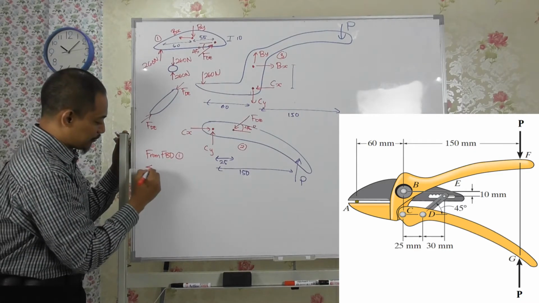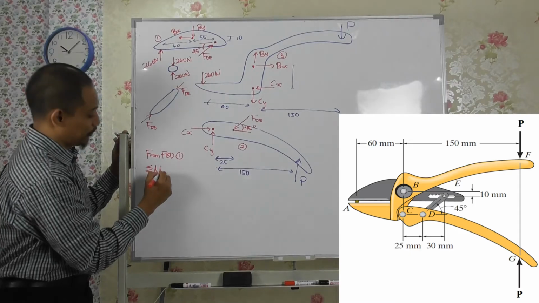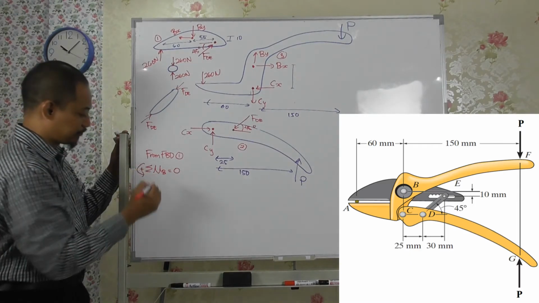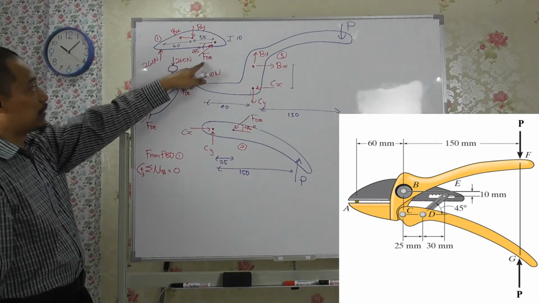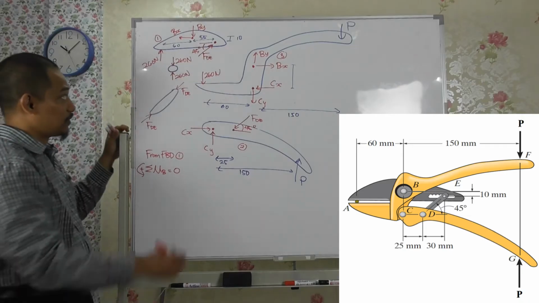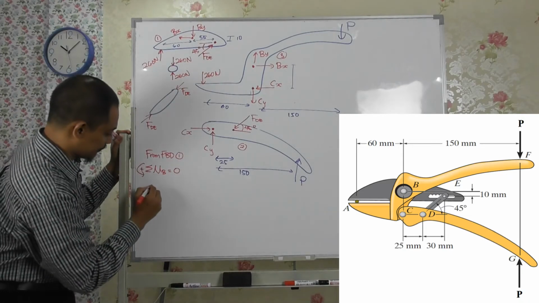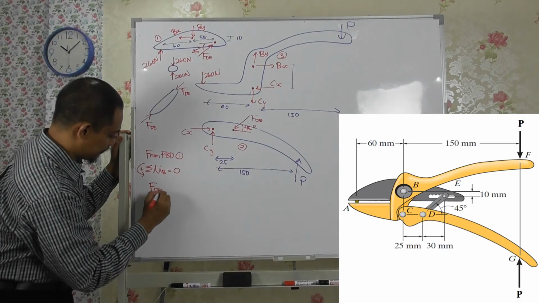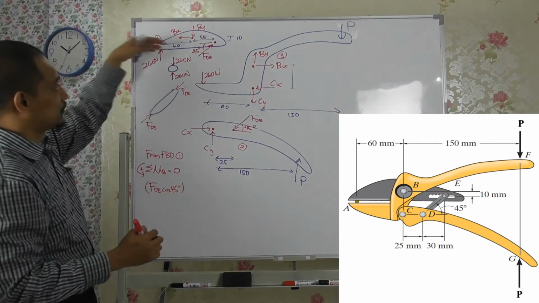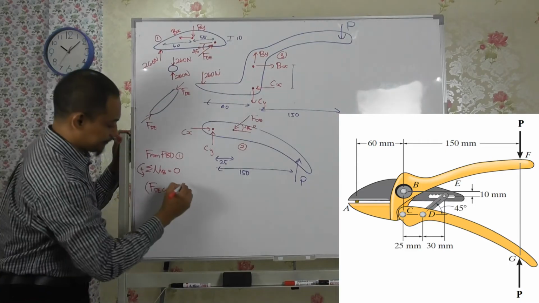So we can take summation of moment about point B equal to 0. Let's take counterclockwise as positive, right? So you have FDE here. You can resolve into horizontal and vertical. So if you take the horizontal first, so FDE cos 45 degrees, horizontal, the distance will be 10, right?